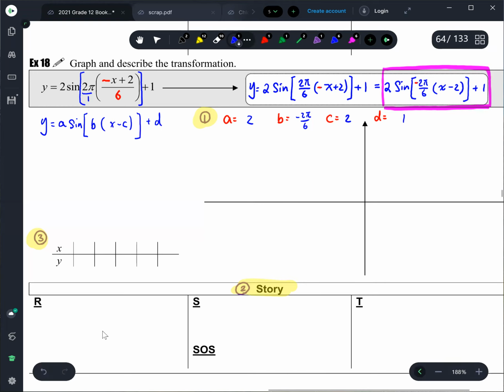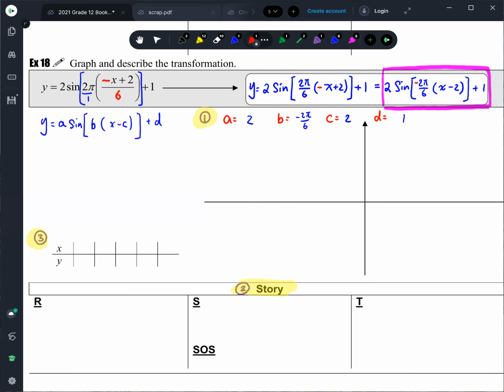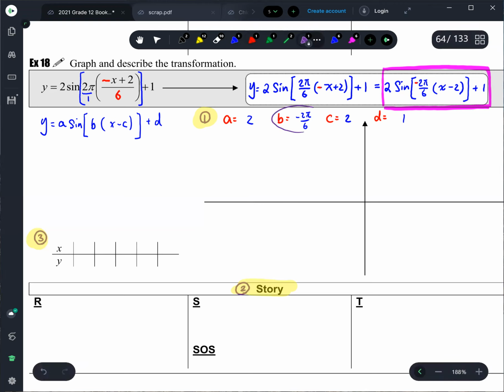If you finish the story, please raise your hand. Marcus, do we have reflection? No. How do you know? There's no negative with A or B. Are you sure? Oh, no, B has it. Yes, B has a negative. So what does that mean? Is it reflect over Y?